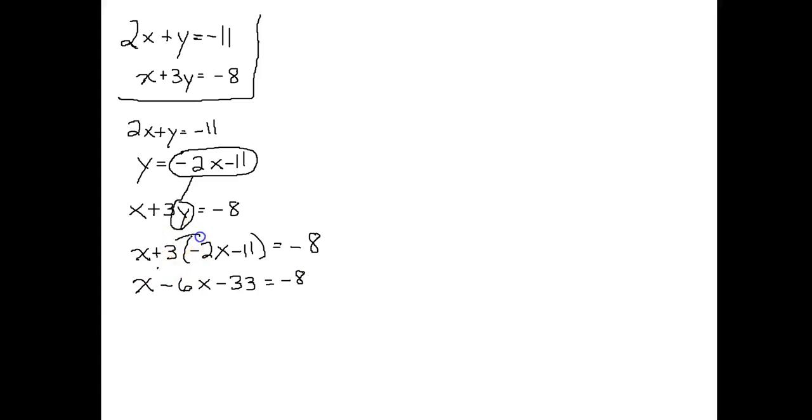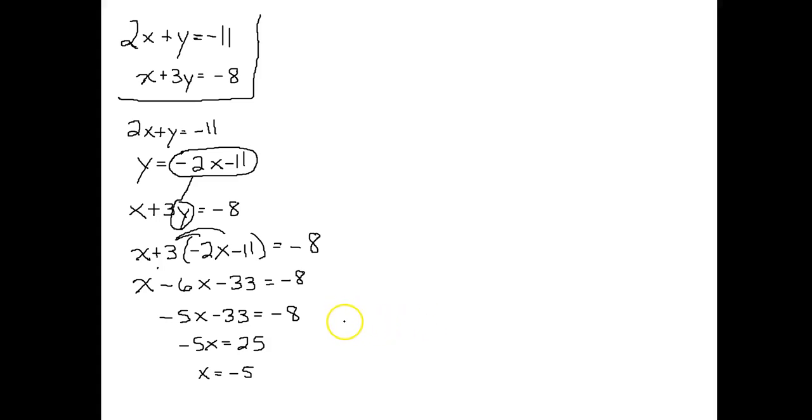So distribute your 3, combine like terms, add 33 to both sides, divide by negative 5 on both sides. All right, so that's one of your variables. You get x equals negative 5.